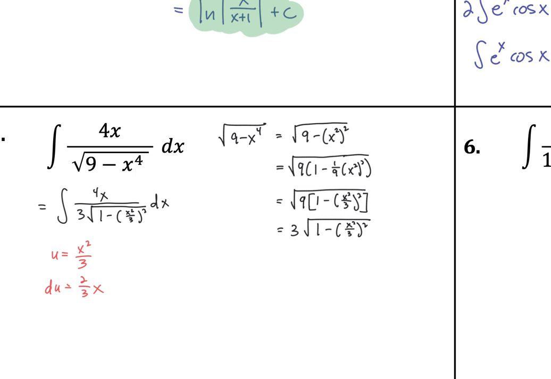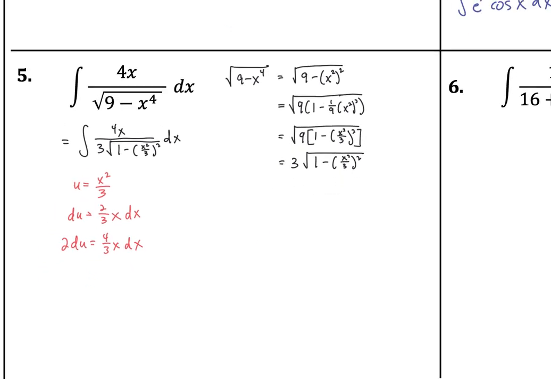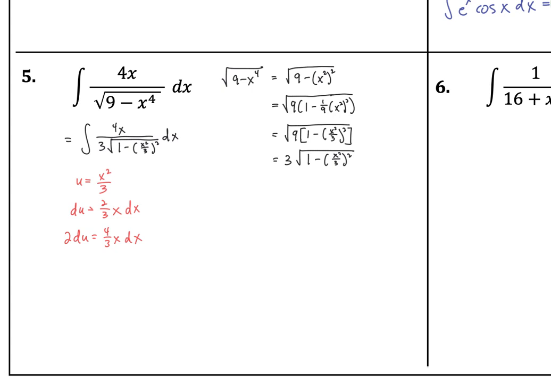Okay, and then I'm gonna do kind of a weird thing. I'm gonna multiply both sides by 2. 2 du equals 4/3 x, because that's really what you have on the outside. You have a 4/3 x dx. I should have a dx here. So notice everything on the outside is 4/3 x dx. So now when we change it to u, everything on the outside will be just 2 du, since both those need to be on the outside.